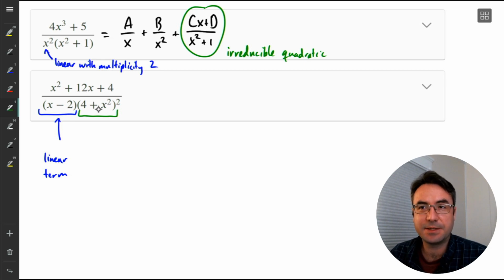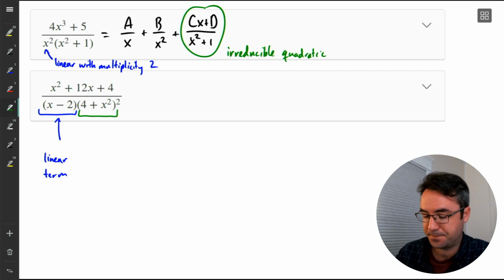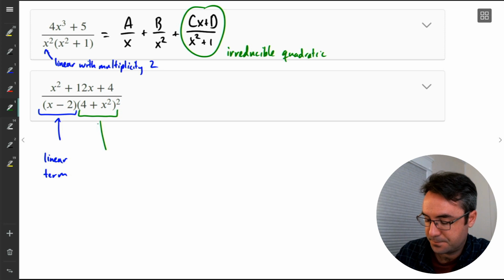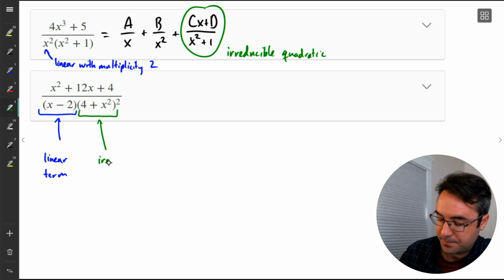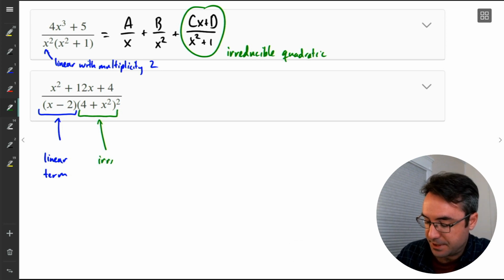The way to think of it as being irreducible is that you can't factor this any further. If you tried setting this equal to 0 and solving for x, you wouldn't get a solution. And this is an irreducible quadratic with multiplicity 2, so this one is repeated twice.